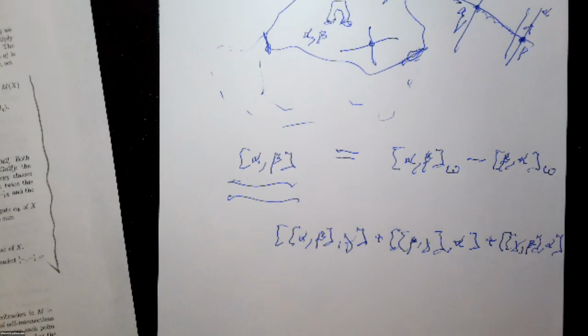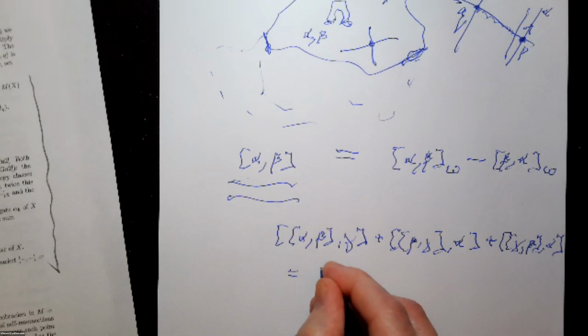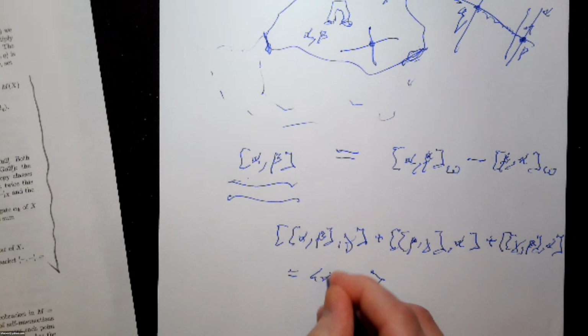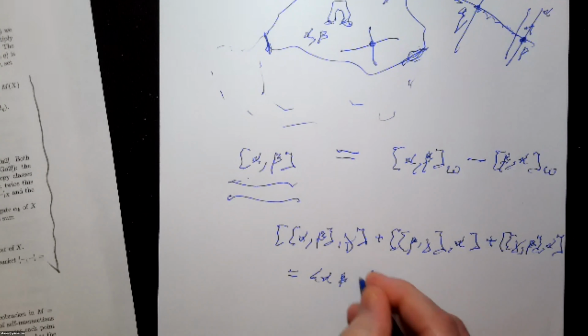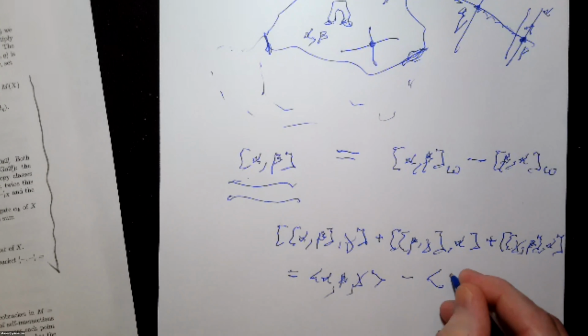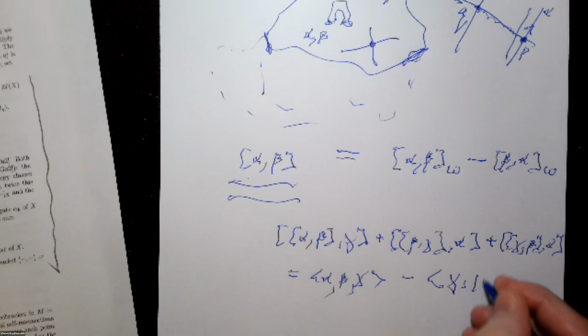But that's not zero anymore. It is some kind of trilinear form, alpha, beta, gamma, minus the same trilinear form, but evaluated on the triple gamma, beta, alpha.